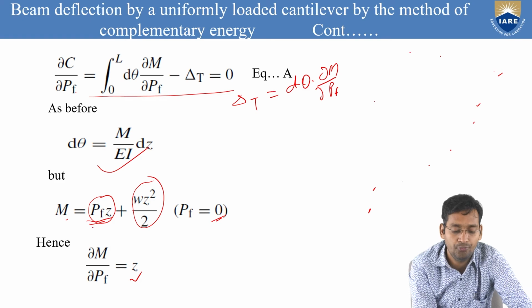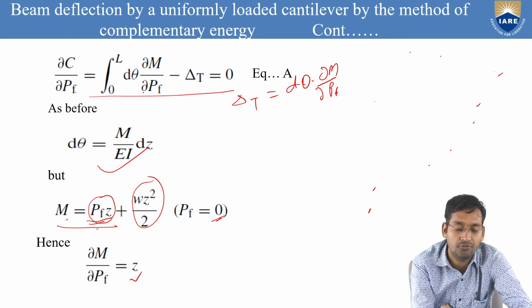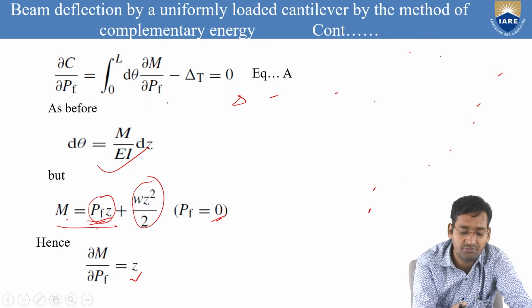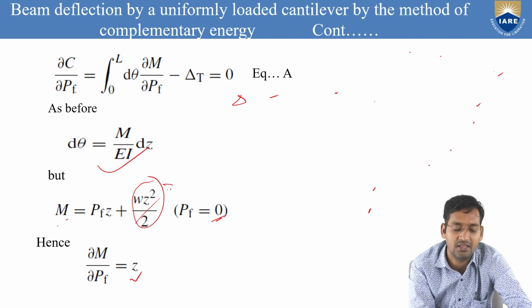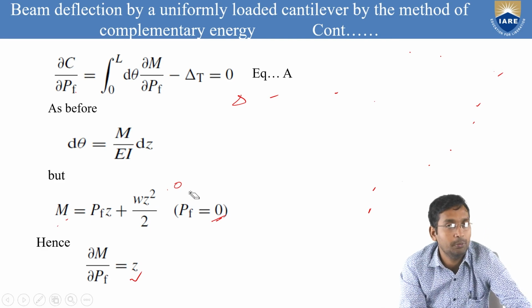Now what we have to do? We have to differentiate this with respect to PF to get ∂M/∂PF, which is required here. Right. So after differentiating, what happened? This becomes simply z, and in this term there is no PF, so this is constant and that becomes 0. So now we have ∂M/∂PF.